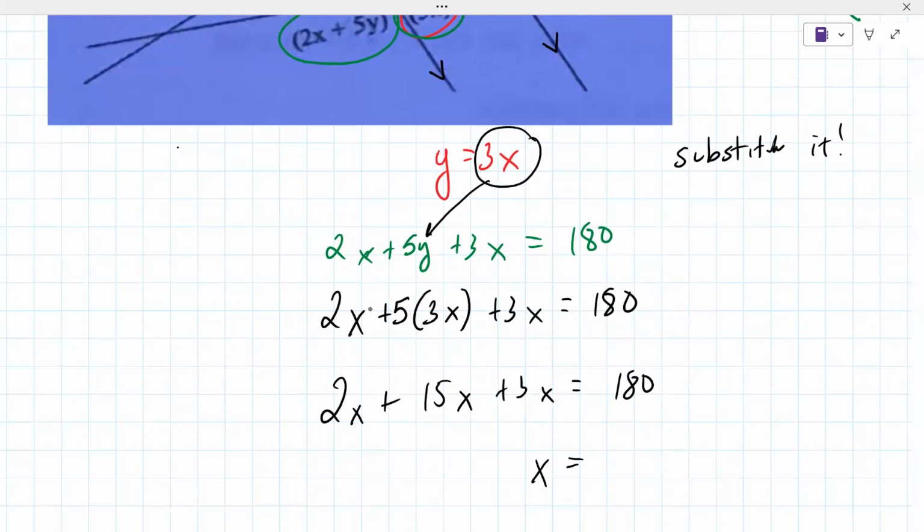I'd like you to solve for x. And then whenever you get x, I want you to put it back in here for y.